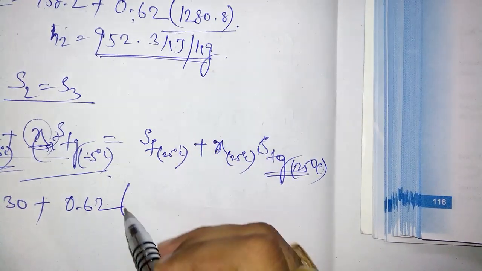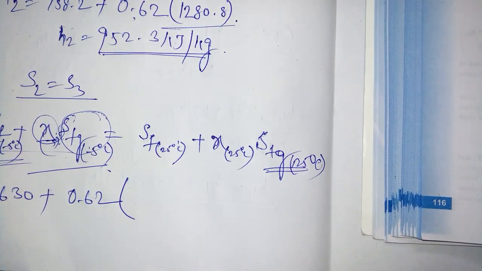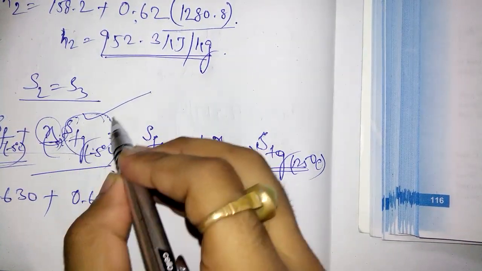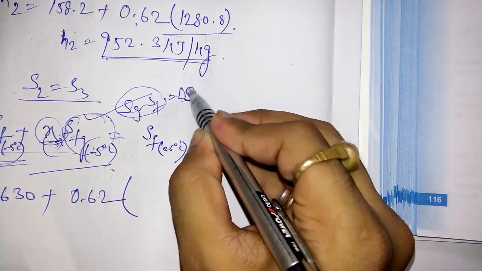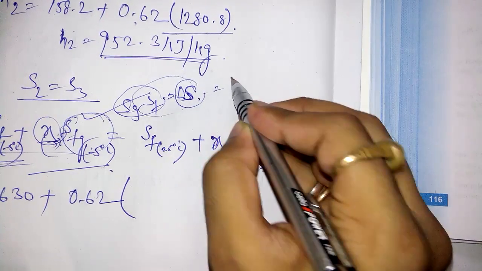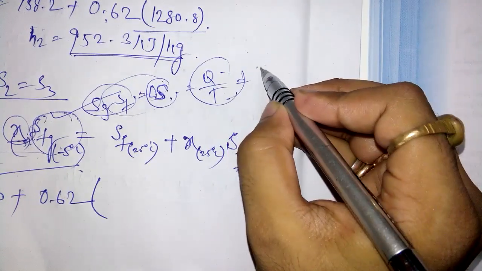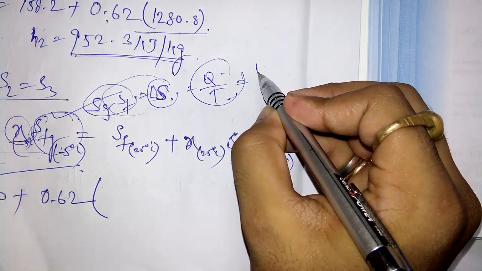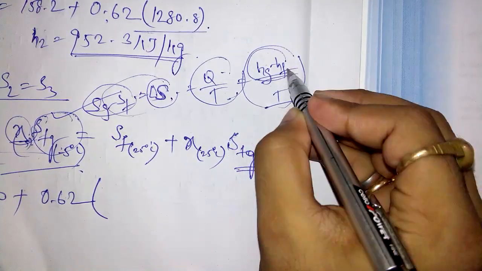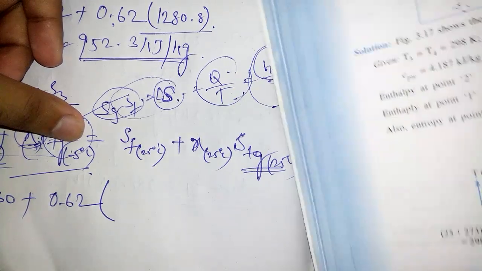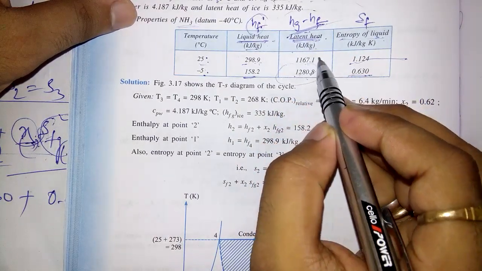Now we have to put the value of Sfg. Sfg means Sg minus Sf, that is delta S, the change in entropy, which is nothing but Q by T. We know this formula, and Q is the change in enthalpy, that is Hg minus Hf, divided by T. At minus 5 degrees Celsius, Hg minus Hf is given, so I will use that.